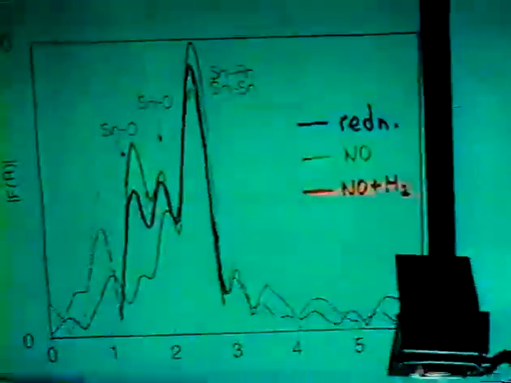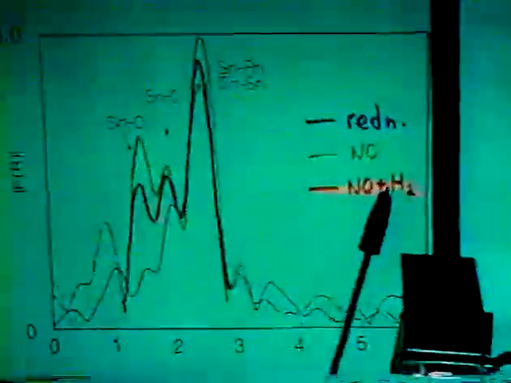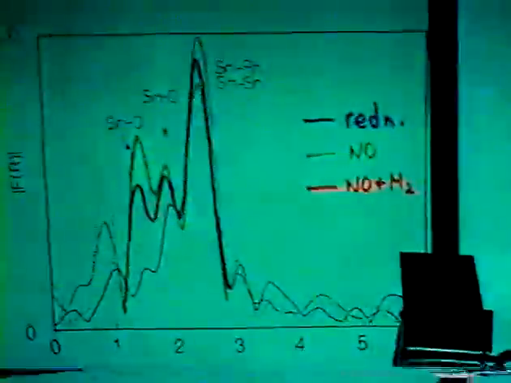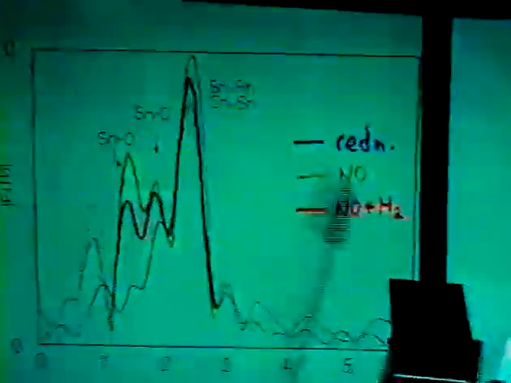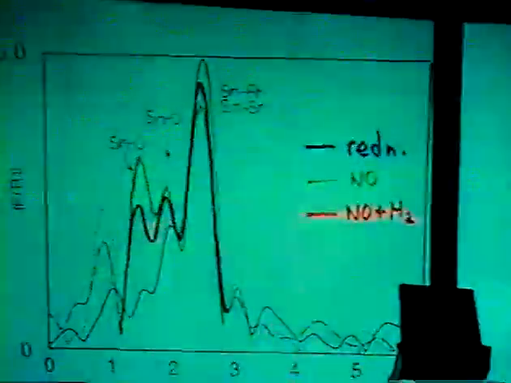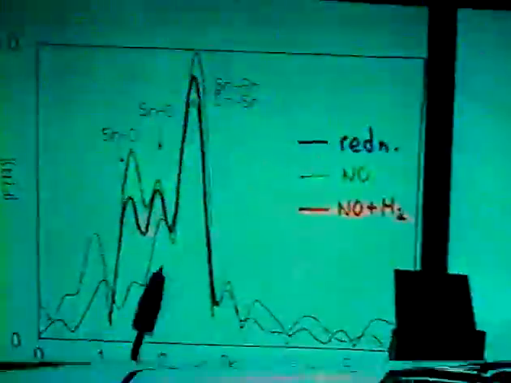So this is the Fourier transform of the X-ray spectrum from the tin K-edge X-ray absorption. This is the intensity of the transform and the distance, which corresponds to the bond distance, but the phase shift is uncorrected here.